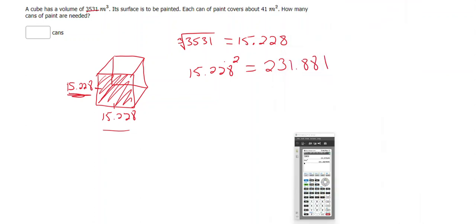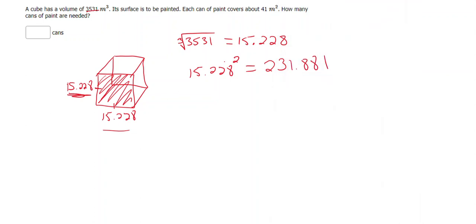Yep. Now, I need the surface area of the whole thing though, right? I found the surface area of one of those faces. How many faces are there on a cube? Well, there's 6. So the next step is to take 231.881 and multiply it by 6, because there's 6 faces.